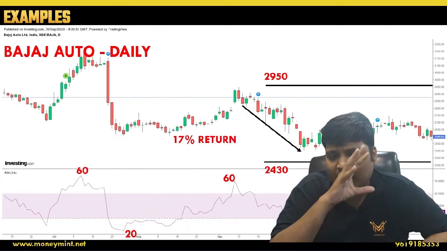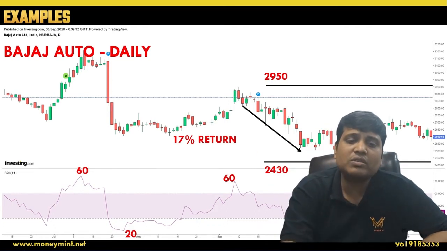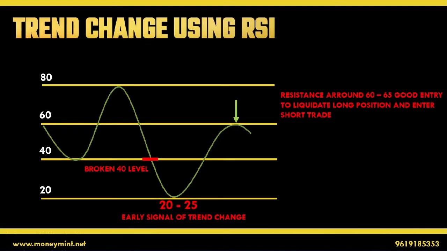See Bajaj Auto again heading from 60 to 20 and then back up, that was a best level entry. So this technical indicator can be very good for analyzing the trend of the market. Now we have seen the bullish trend and bearish trend zones. Now we will see how the transition happens.